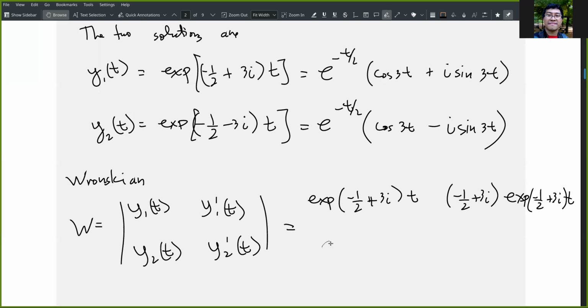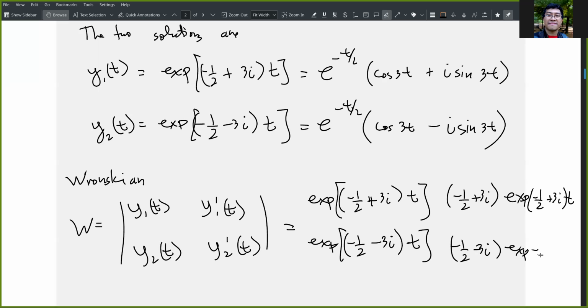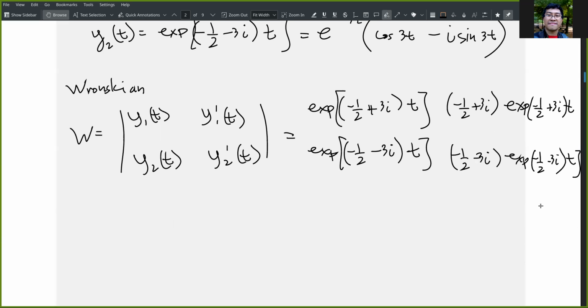Here y2 is exponential of minus 1 half minus 3i t, and the derivative is minus 1 half minus 3i times exponential of minus 1 half minus 3i t.